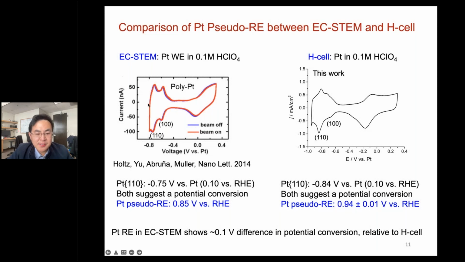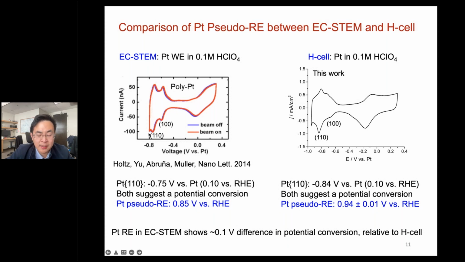On the left is the pioneering work done by Megan, actually almost 10 years ago by now at Cornell. Back then, the collaboration between the Bruni and Muller groups told us that if we use platinum 110 as a reference point, we get a potential conversion between the platinum reference electrode and RHE of 0.85 volt.